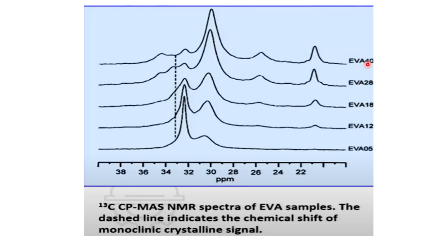So I am continuously increasing the VA content. With the increment of the VA content, you see the peak around 31 is continuously increasing, and that actually indicates that the monoclinic crystalline signal is increasing due to the increment of the vinyl content.